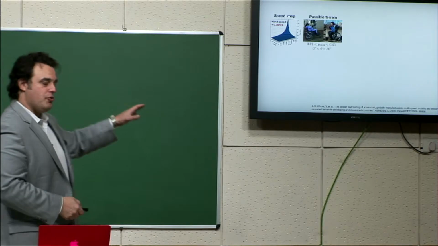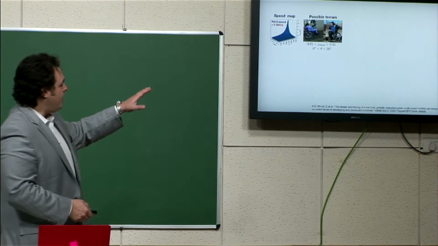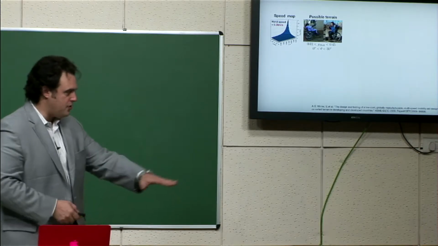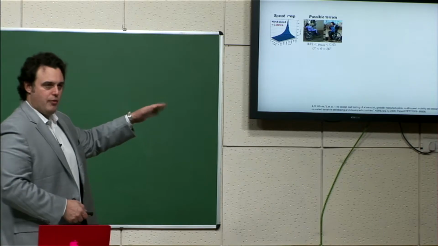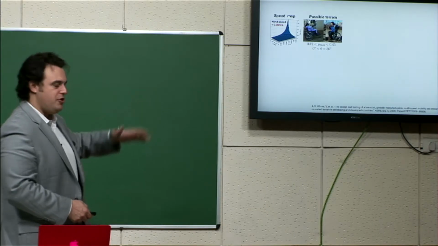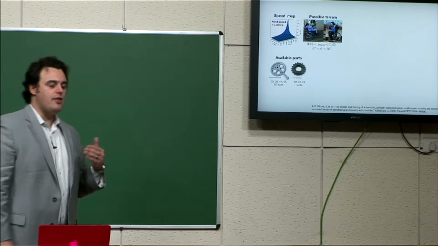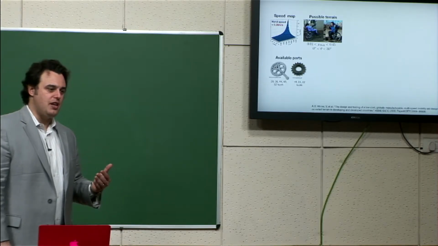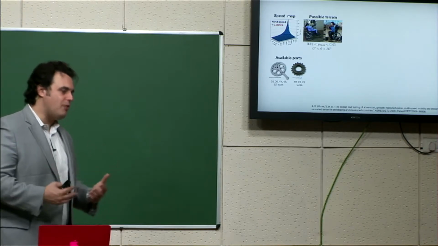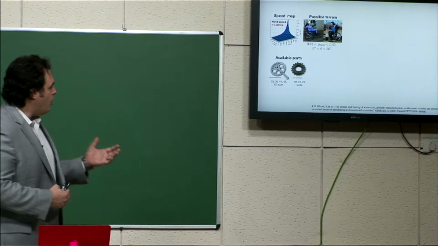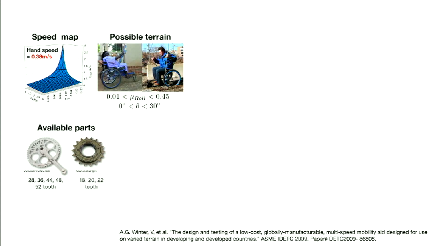We looked at the terrains we might want to travel on, ranging in rolling resistance from smooth floors like this, around 0.01, to mud or snow, around 0.45, and up to maybe quite steep climbing angles. We had to think about what parts are available that we could use in a relatively simple drivetrain. At this point we were thinking about bicycle parts, and I did a survey on what sort of chain rings and freewheels we could find that could go into this wheelchair.